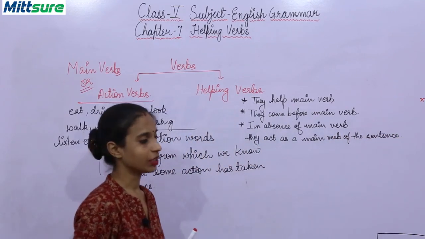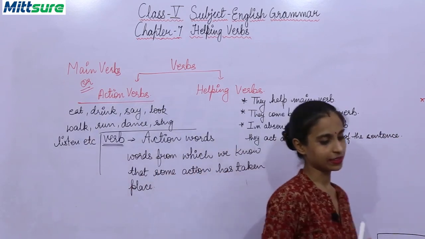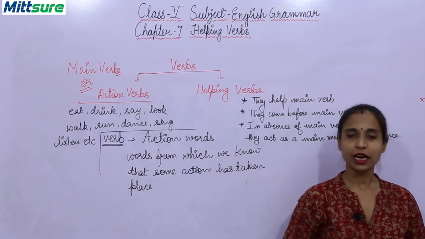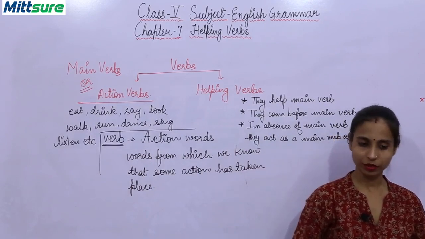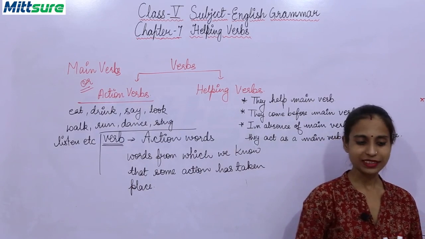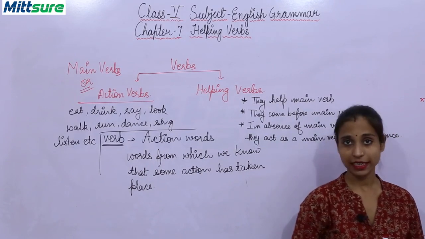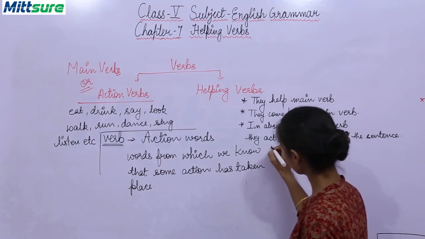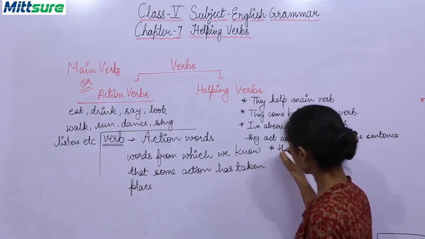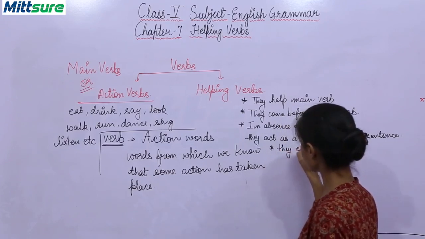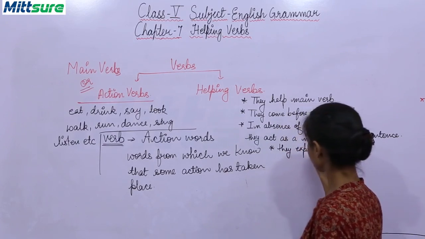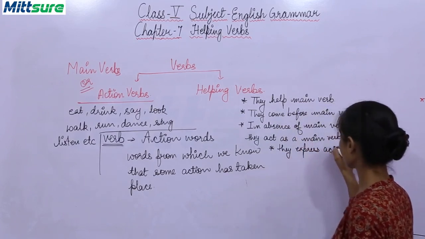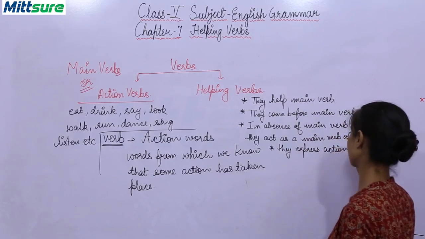Clear to you? Now let's see what else is written. Helping verbs are the verbs that help the main verb in a sentence to express action or state. Yes. Again, next pointer you can write, they express action or state.